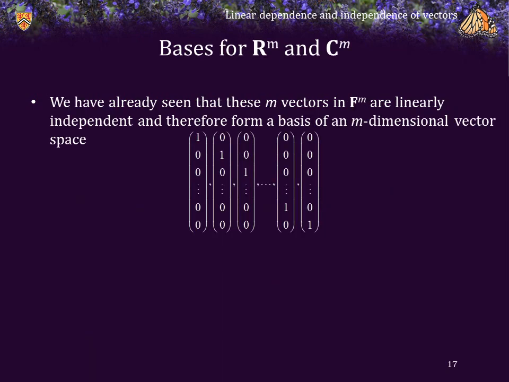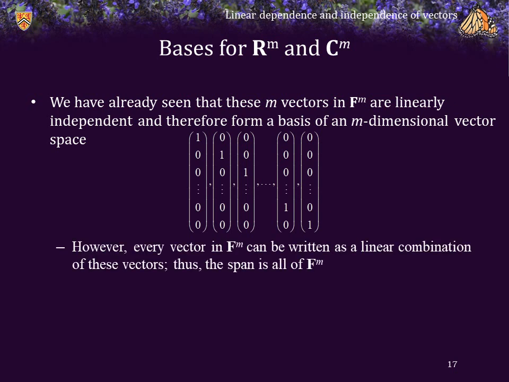Now, we have already seen that these m vectors in F to the m, where F is either the reals or the complexes, are linearly independent, and therefore they form a basis of an m-dimensional vector space. However, every vector in F to the m can be written as a linear combination of these vectors.